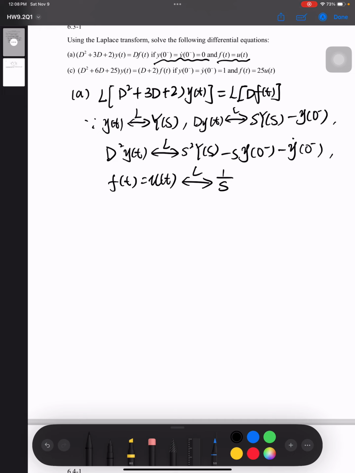So we can eventually get the Laplace transform of the equation: s squared plus 3s plus 2 times Y(s) equals s times 1 over s.